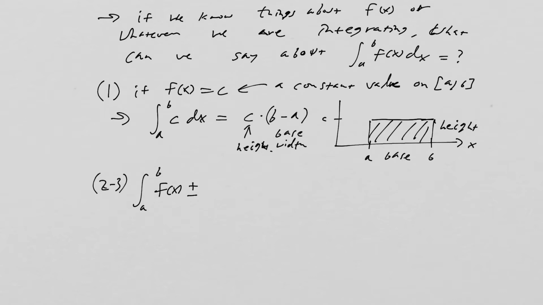The integral of f of x plus or minus g of x dx. So now there are two functions inside of our integral. We're summing them together to create a bigger function, or taking the difference. It doesn't matter. The only thing we know is that we have this amazing fact which allows us to break up a more complicated expression into two potentially simpler integrals.